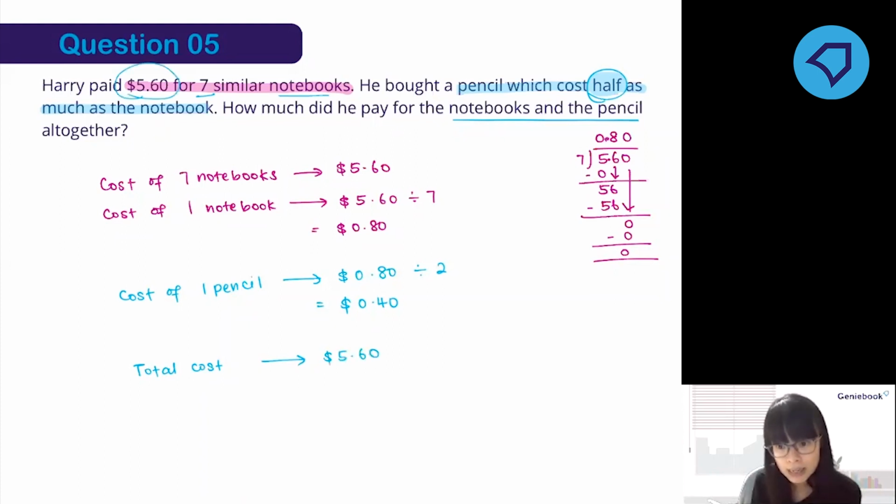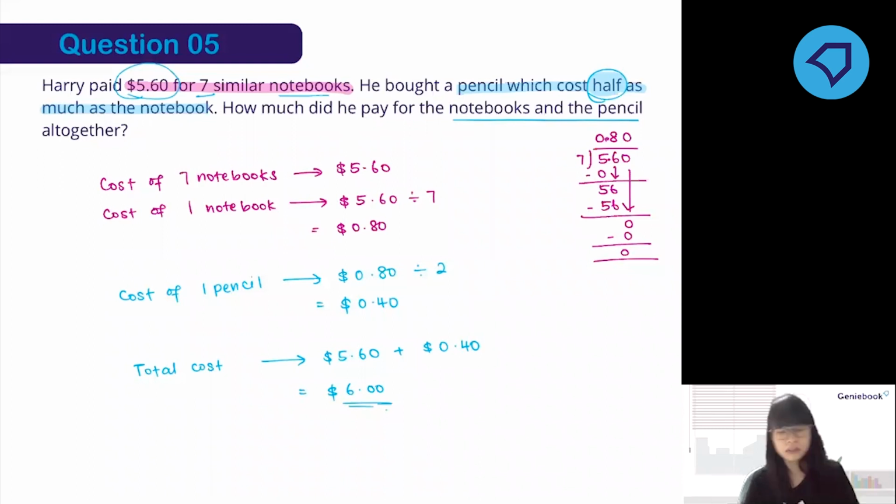Thank you very much, Kaden. Yes, $5.60 is the cost of 7 notebooks plus the pencil. And how much would that be? Yes, $6. So this would be your final answer.